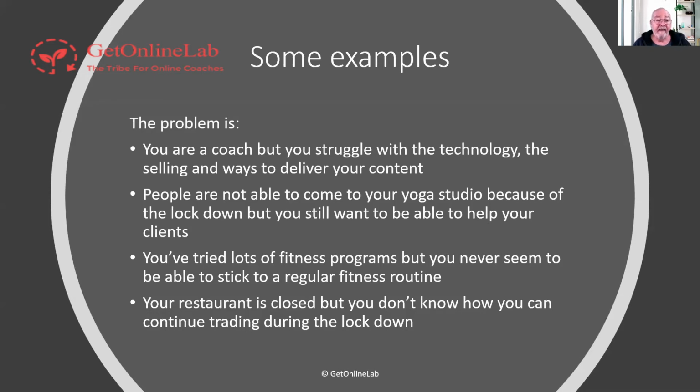Or, as a fitness coach selling your fitness program: you've tried lots of fitness programs, but you never seem to be able to stick to a regular fitness routine. Or to a restaurant owner, again affected by the lockdown: your restaurant's closed, but you don't know how you can continue trading during the lockdown. So that's stating what the problem is.